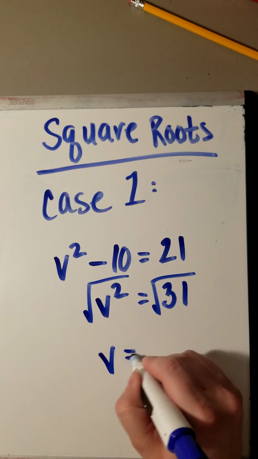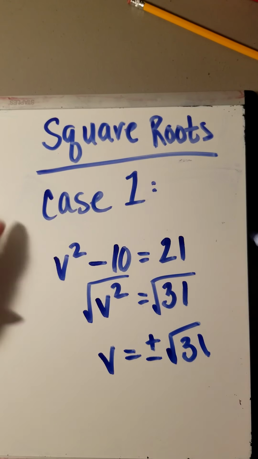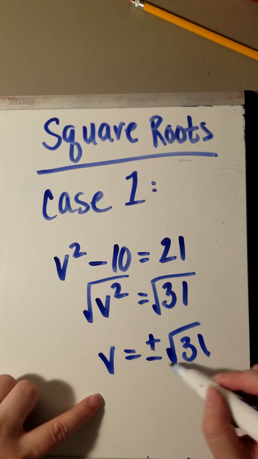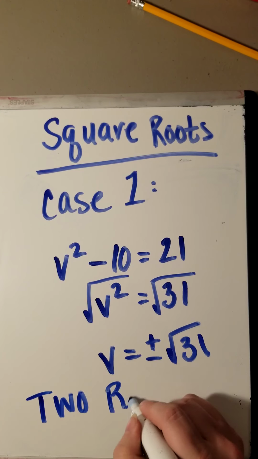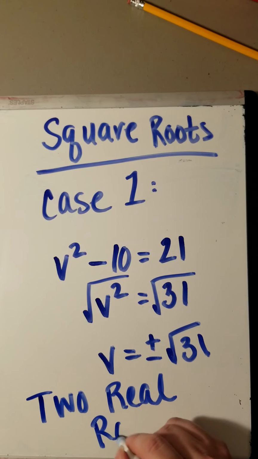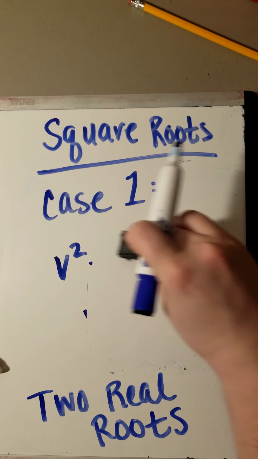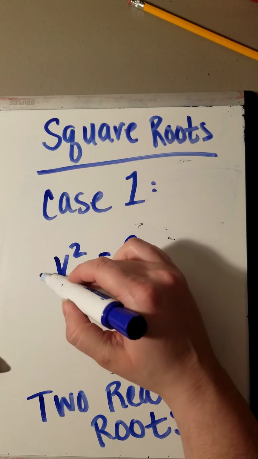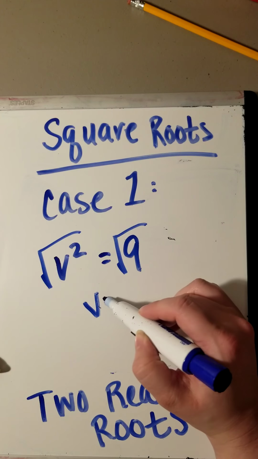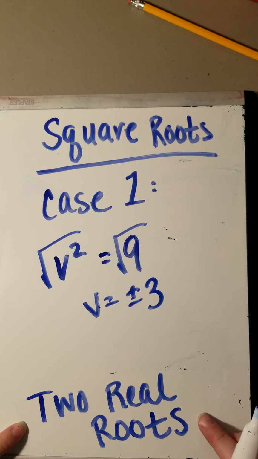Well, then my v would be plus or minus the square root of 31. In this case, I end up with 2 real roots. And that happens if I have something as simple as this, or going back to an earlier example, if I had something that was just like this, and I ended up taking the square root of both sides, v is plus or minus 3. That's still 2 real roots.